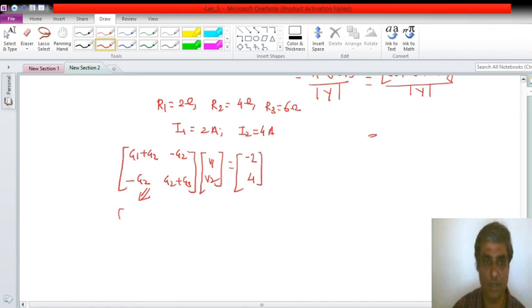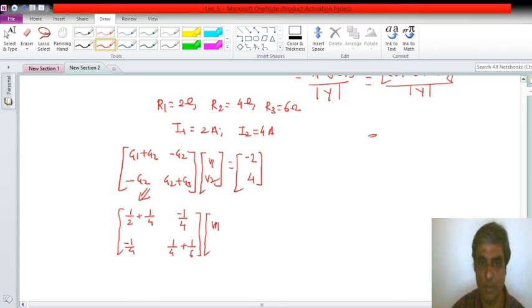G1 is 1 by 2 plus G2 is 1 by 4, minus 1 by 4 here, minus 1 by 4 there, then G2 and G3 will be 1 by 4 plus 1 by 6, into V1 and V2, which will be equal to minus 2 and 4.